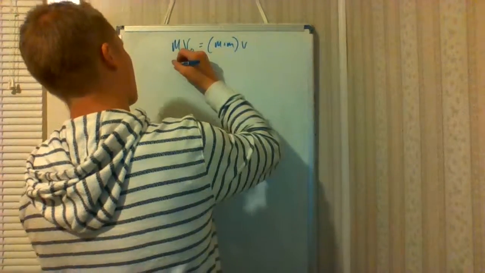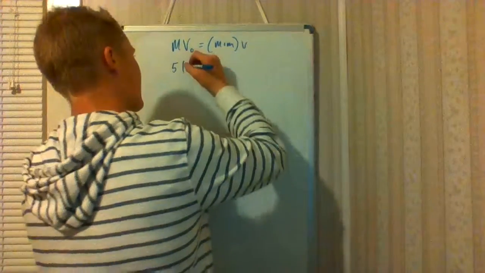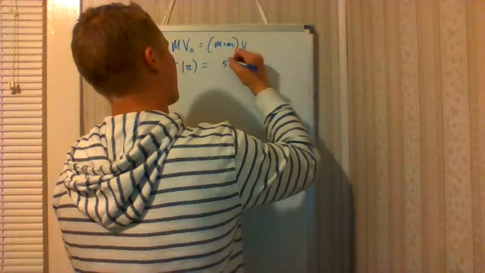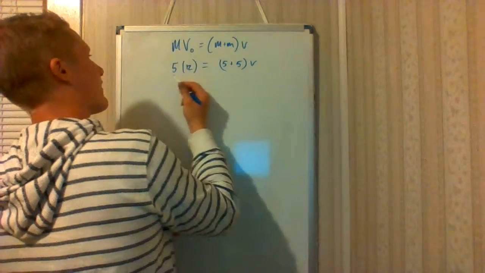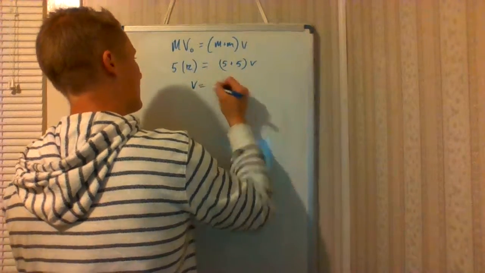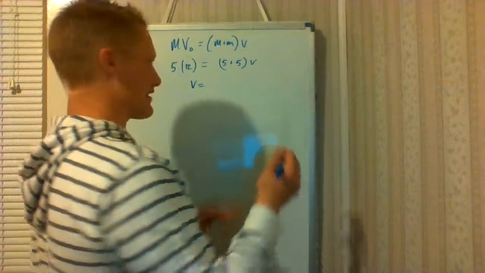So it's 5 times V naught, which is 12 meters per second, equals 5 plus 5 times V. And V would then come out to be, I think that's 6 meters per second. So V is 6 meters per second.